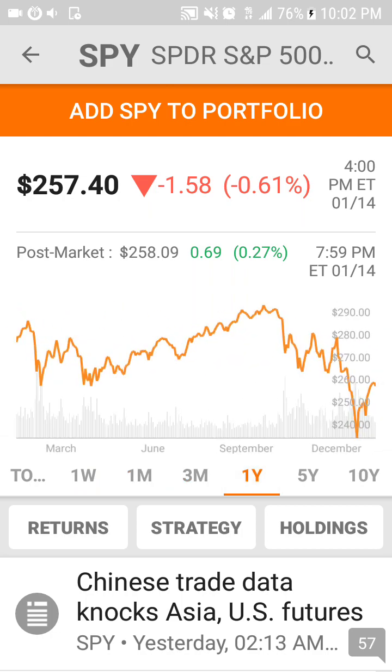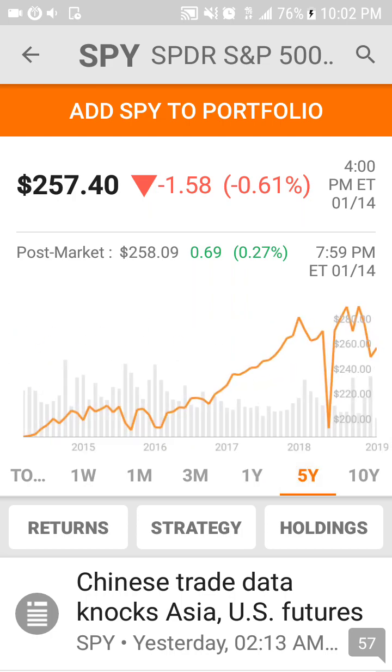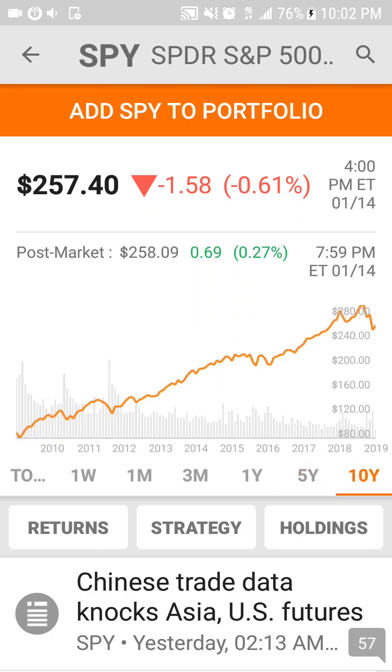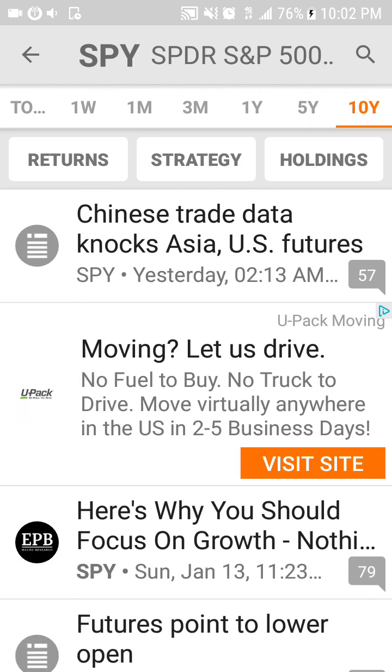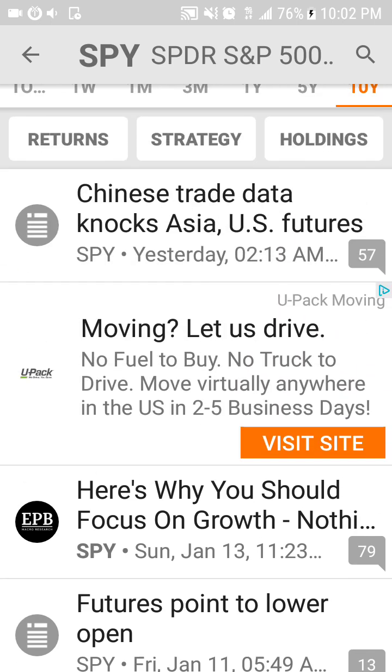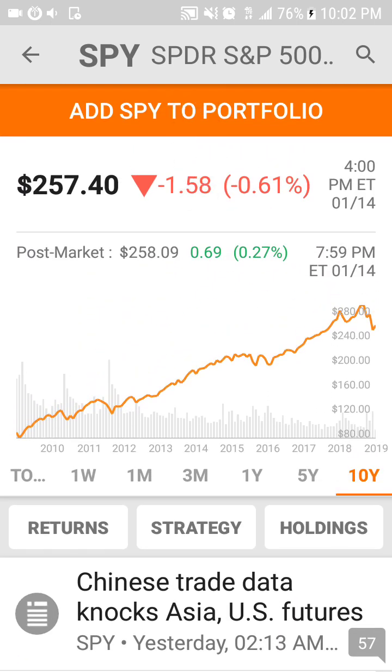And for those of you who like to look at the long term, you can see 5 year and 10 year. As you can see, we're currently in a bull market. The past 10 years were pretty much a hockey stick up. And under that you can see the news, any relevant information or current events that mention this ETF.